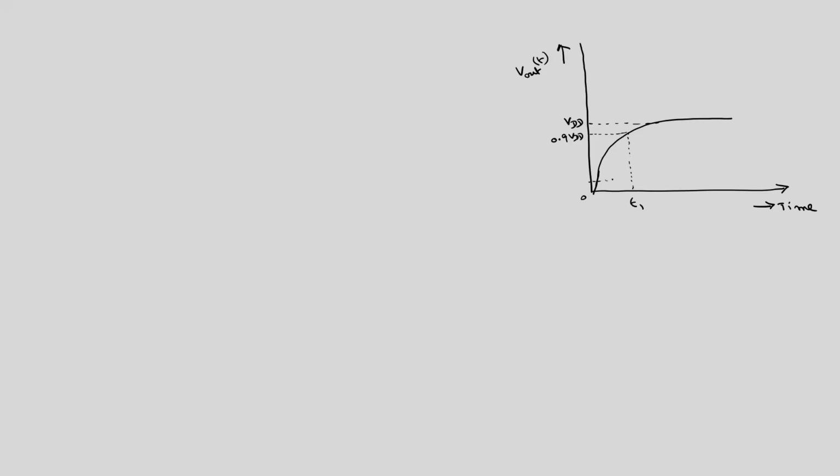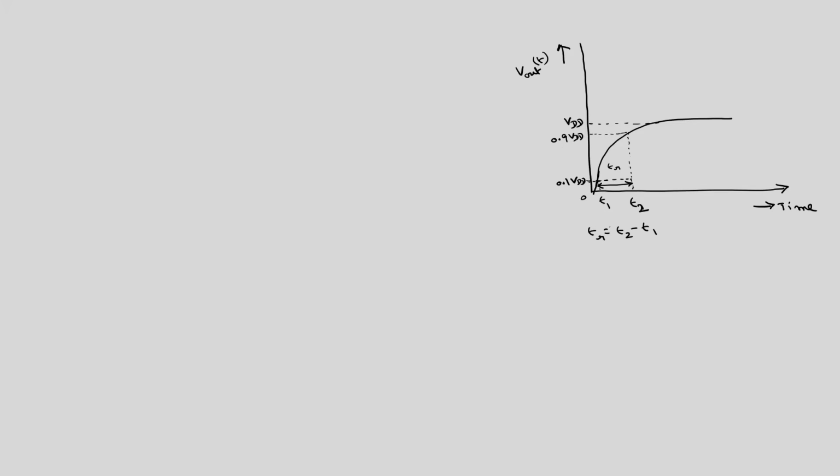Here somewhere we have 10% of VDD, this is 0.1 VDD, and I call this time t1. Then this particular time from here to here is called the rise time, TR. So, TR can be defined as t2 minus t1.